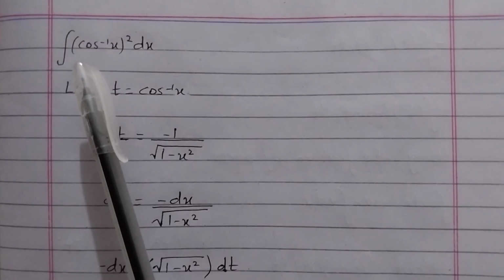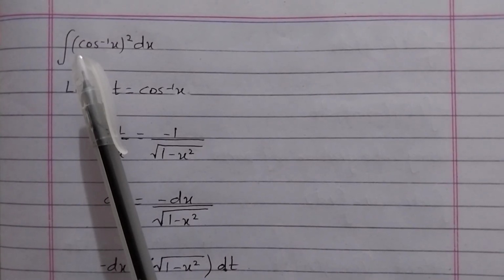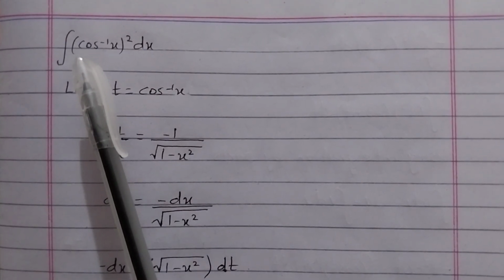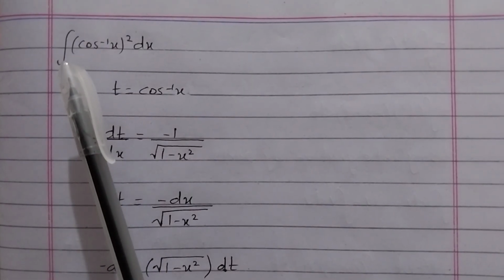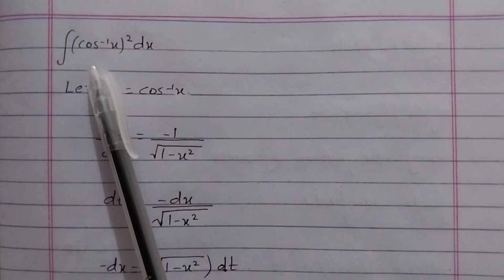If we take dv over dt as 1, v will be t square by 2, or I should say t, and the power keeps on increasing. So we can't use integration by parts here.